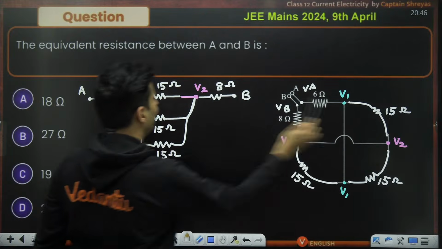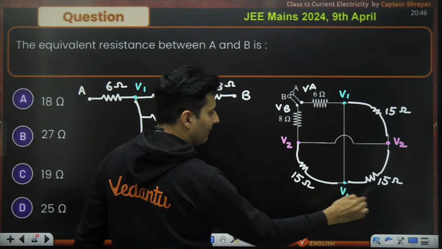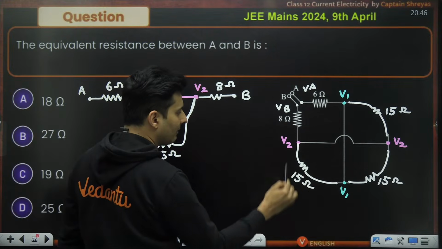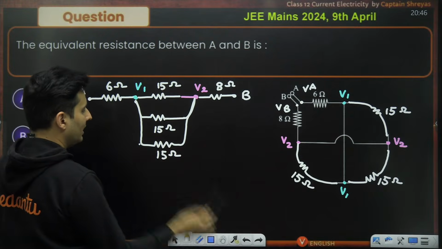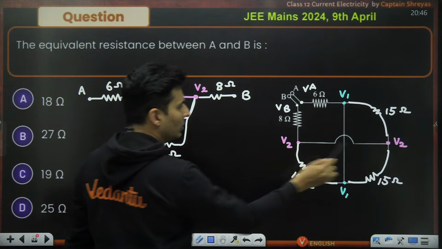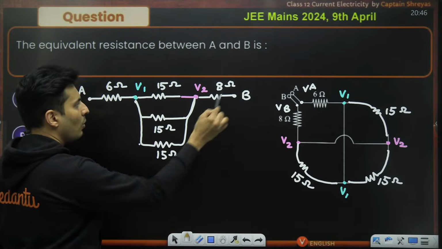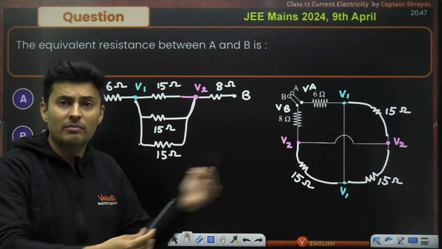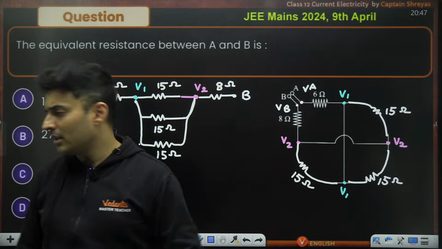V1 is connected via 15 ohms to V2. Also, V1 is connected via 15 ohms to V2 again, and V1 is again connected via another 15 ohms to V2. And this V2 overall is connected via 8 ohms to B.